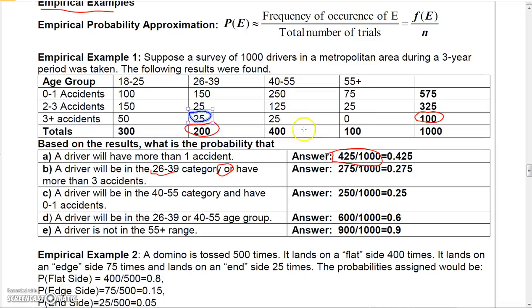So if I take 200 plus 100 and then subtract 25, I get 275 out of 1,000. So that reduces to 0.275.